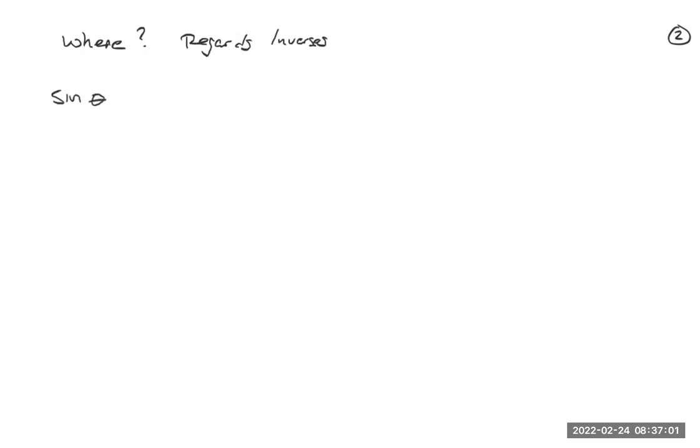Sine of theta: if we are going to have an inverse called arcsine or sine inverse, then we have to limit the domain of sine to between negative pi over 2 and pi over 2. So quadrants 1 and 4. The range doesn't change. We're still going from -1 to 1.